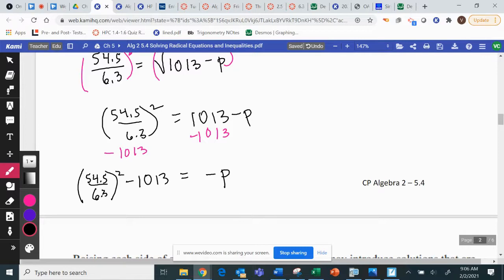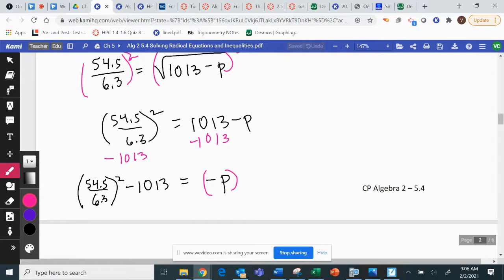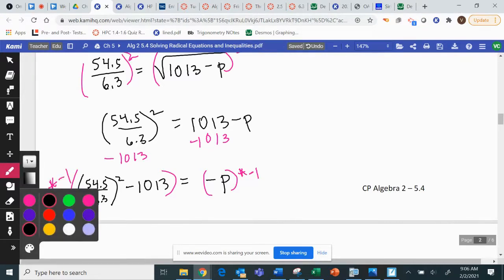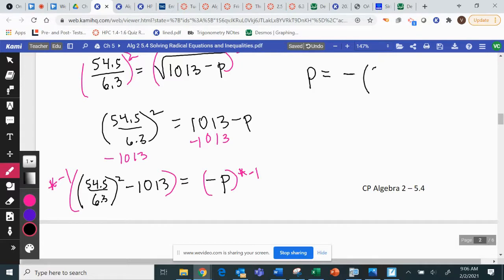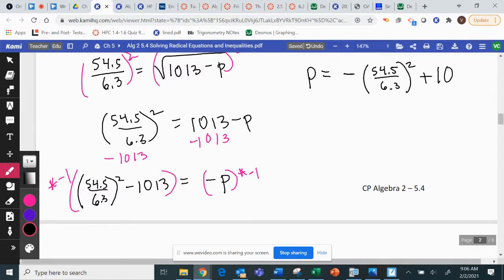So we can divide by -1, or we can multiply by -1. Those will do the exact same thing. I'm usually a multiplier, but you can divide. Either's fine. So I'm going to get P equals negative parenthesis 54.5 divided by 6.3 squared, and then plus 1013.